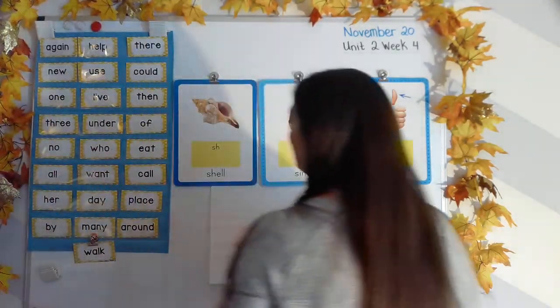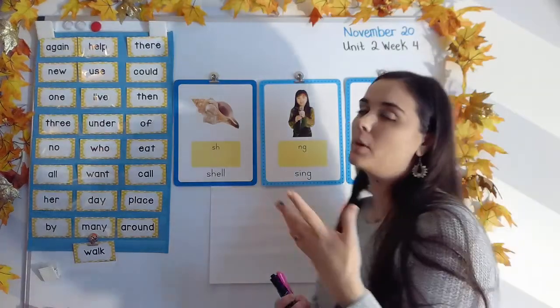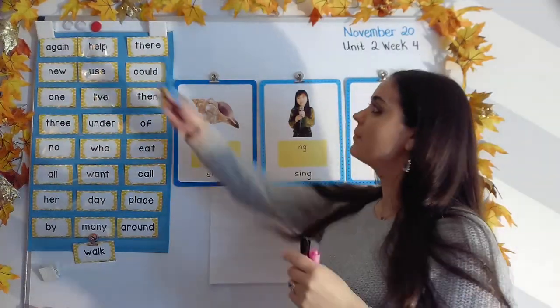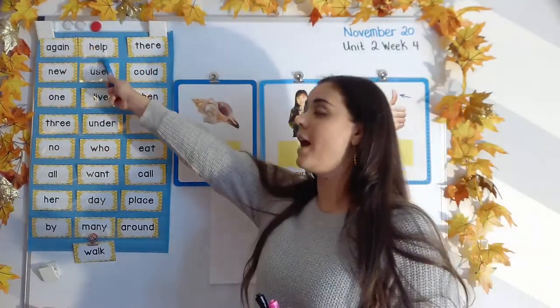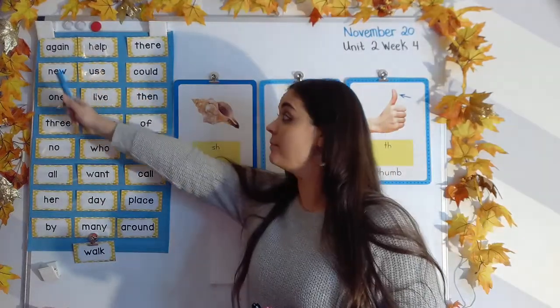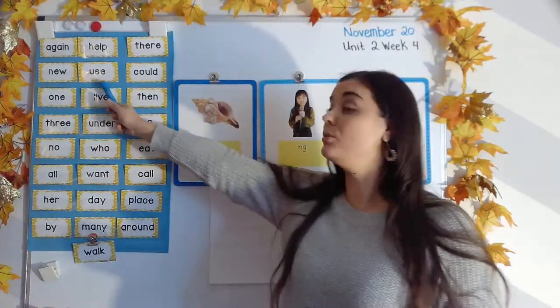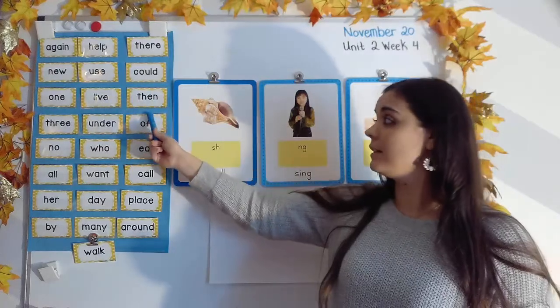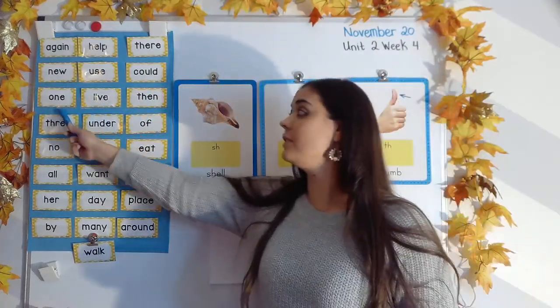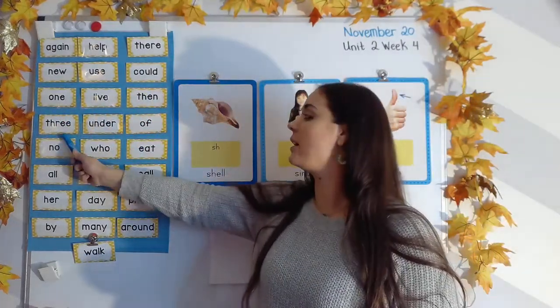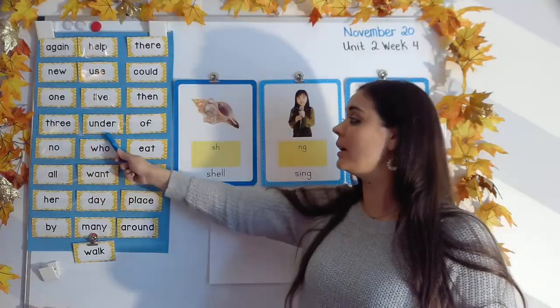So let's review our high frequency words. Make sure you're participating and paying attention. There, help, again, new, use, could, then, live. One, like the number. Three, like the number.